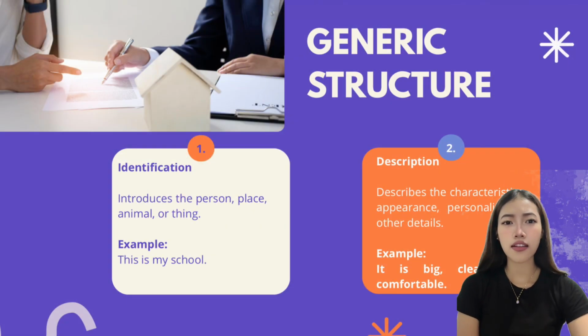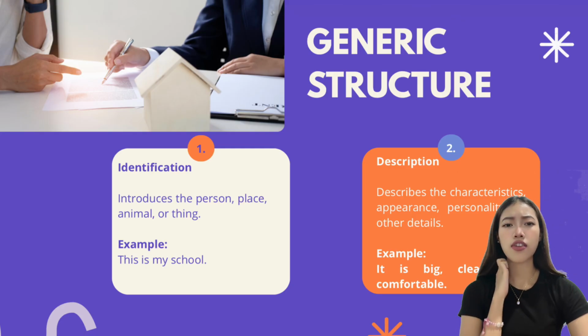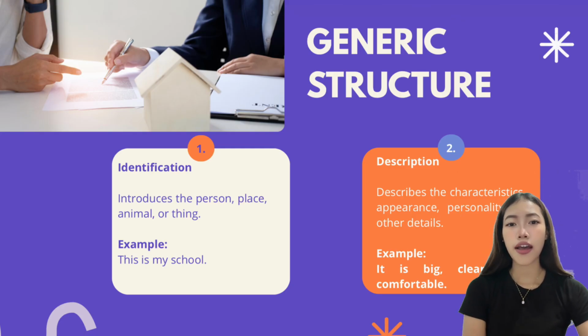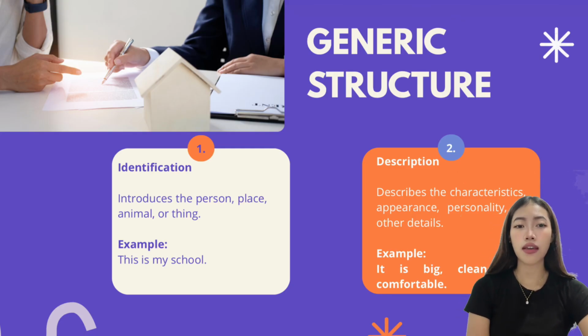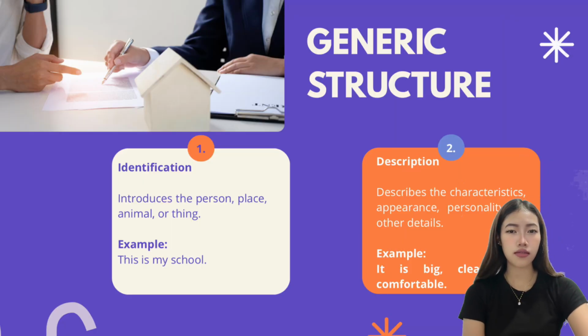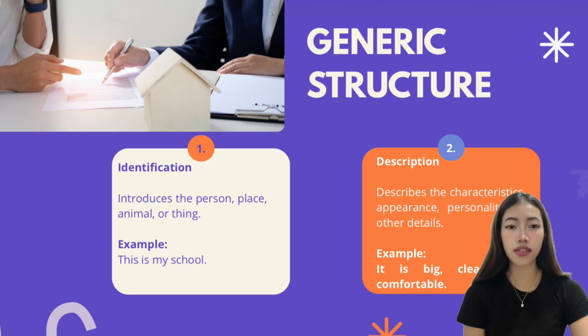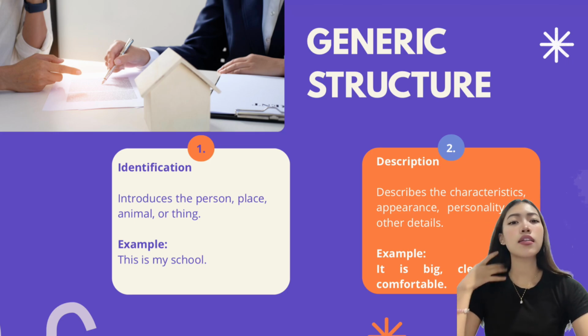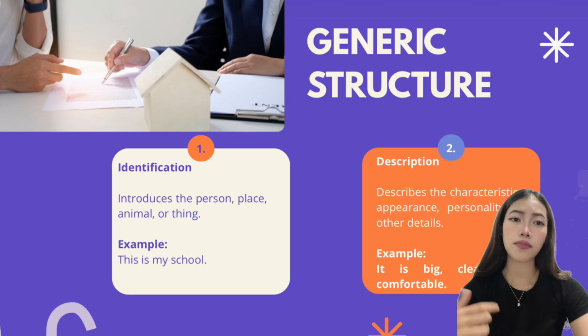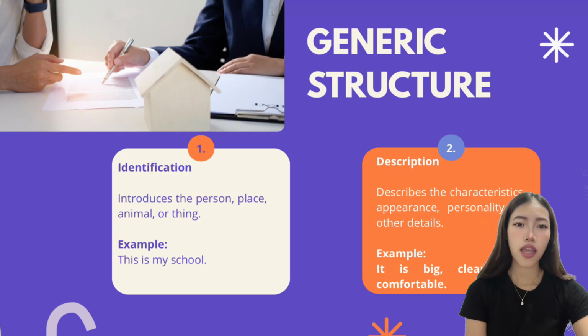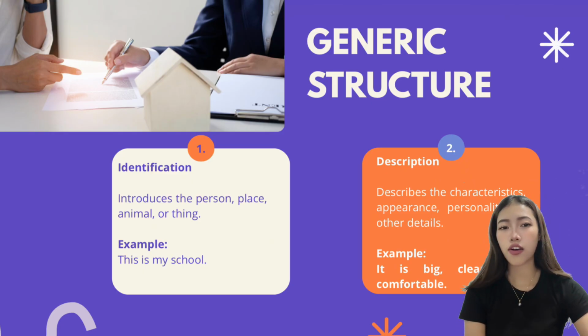Next, let's learn about the structure. Every descriptive text has two main parts. The first one is called identification. This part introduces the person, place, or thing that we are going to describe. After that comes the description.